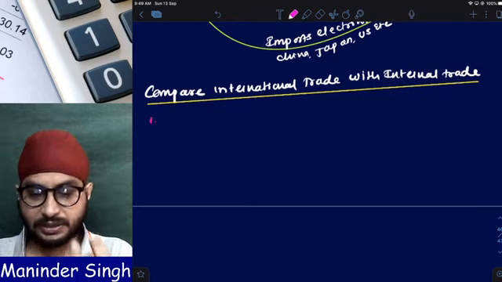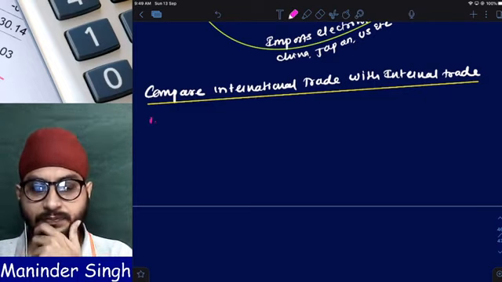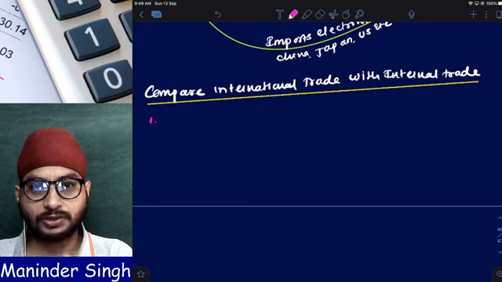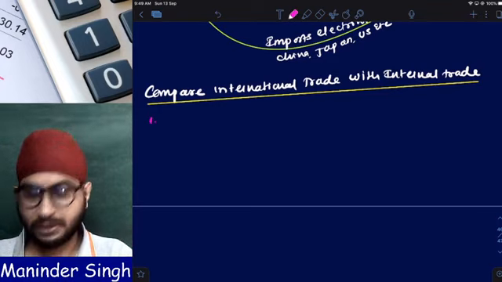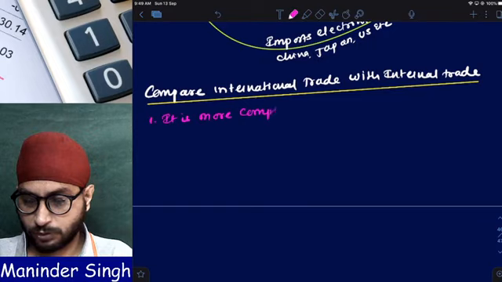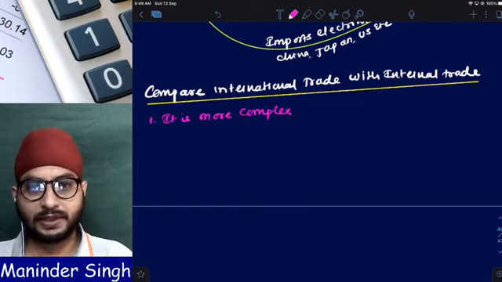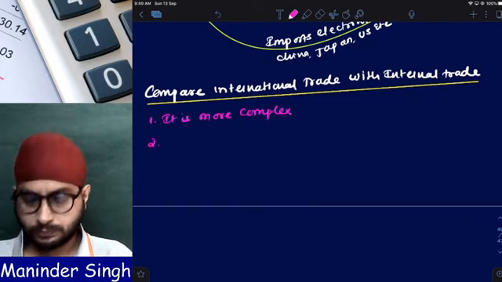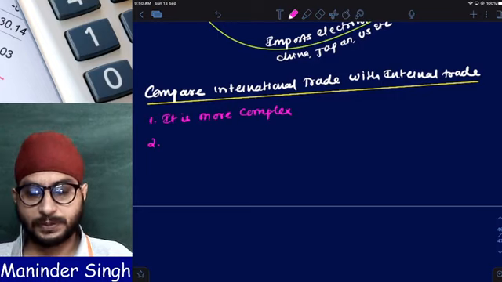Tell me, is international trade difficult or easy? It is difficult, so can I say it is more complex? It is more complex, right? Why is it more complex?